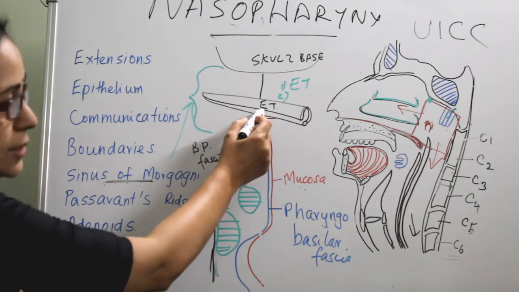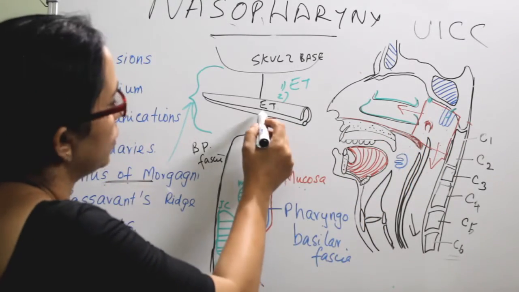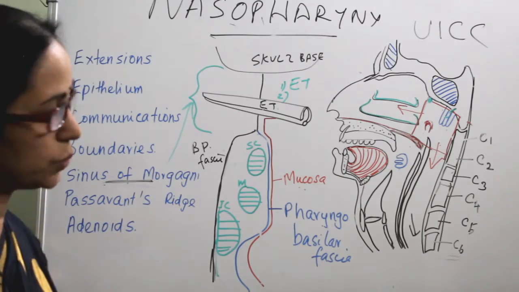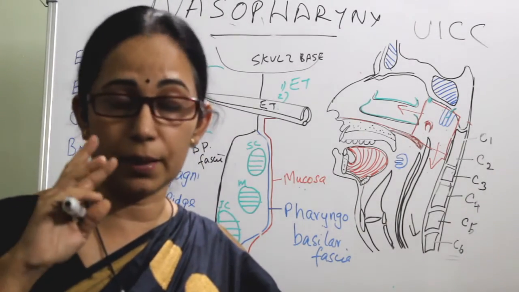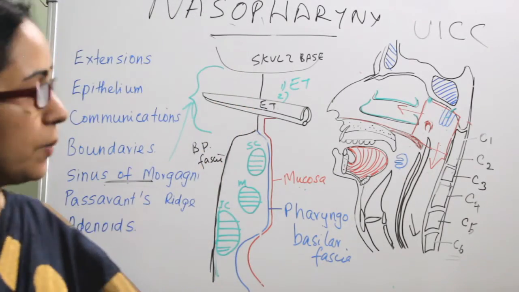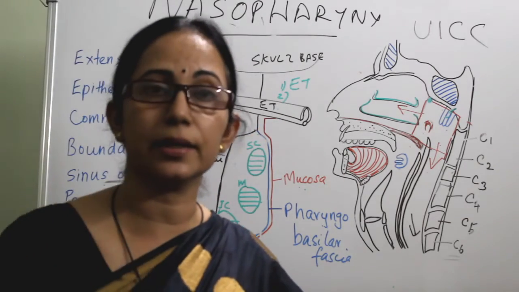One is definitely the Eustachian tube. Actually it comes here, isn't it? Other than the Eustachian tube, you have the palate here. Altogether there are 3 structures passing through the sinus of Morgagni. One is the Eustachian tube, another is a muscle, and another is an artery.